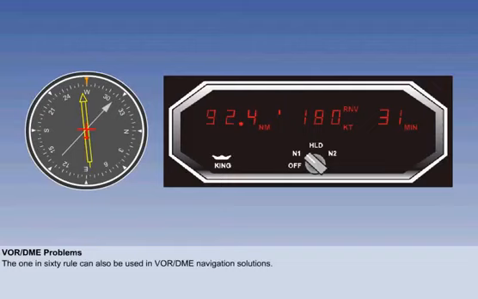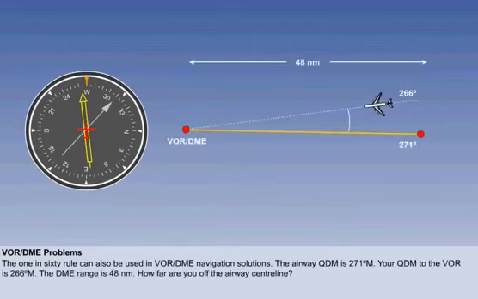Take this case. You are flying along an airway to a VOR DME. The airway centerline is 271 magnetic. Your radio magnetic indicator tells you that your bearing to the VOR is 266, and your DME range is 48 miles.